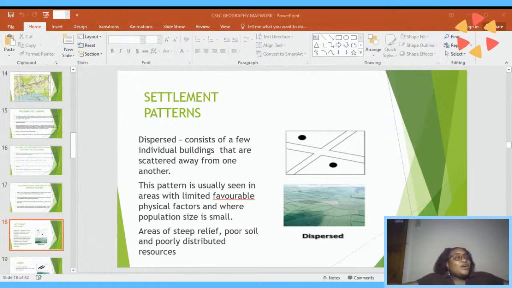Agricultural areas. So we got some agricultural areas already, but there are a lot more areas where you can identify agricultural areas in the country. Then you can also have the function of, in some countries, tourism, which is another function of settlement. Some areas serve the function of tourism.